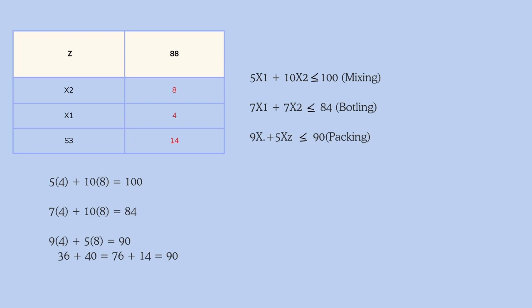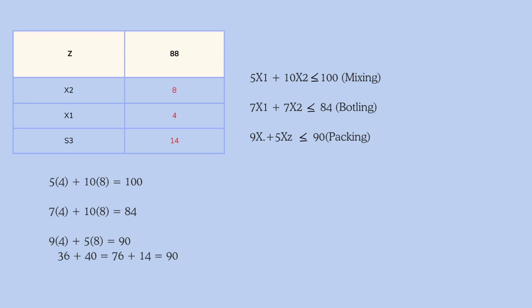So, isasaalang-alang lang natin yung mga nakuha nating right-hand side value dun sa X sub 2, X sub 1, and S3 dun sa constraint natin. So, 5 times 4 plus 10 times 8 is equal to 100. Tama naman tayo kasi equal nga siya sa 100 sa mixing.